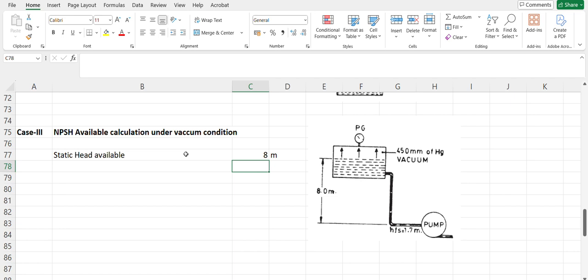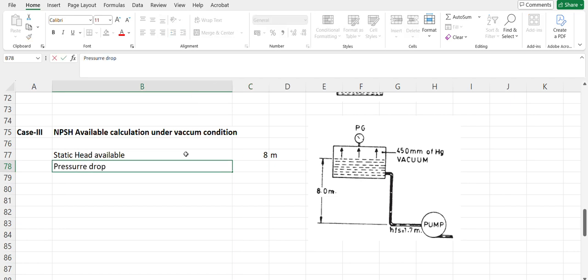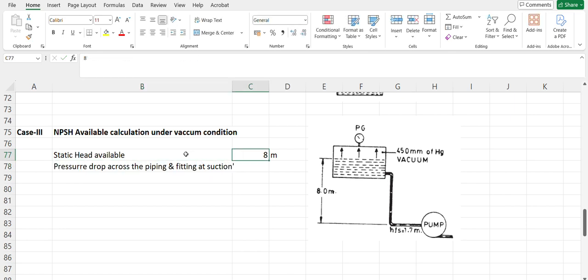Here we have a static head of 8 meter, then the pressure drop across the piping and fitting at suction. In one of our sessions we explained how to calculate the pressure drop across the piping using the Excel sheet with the Darcy-Weisbach equation.